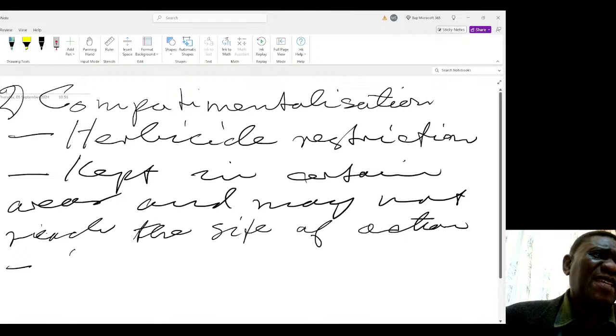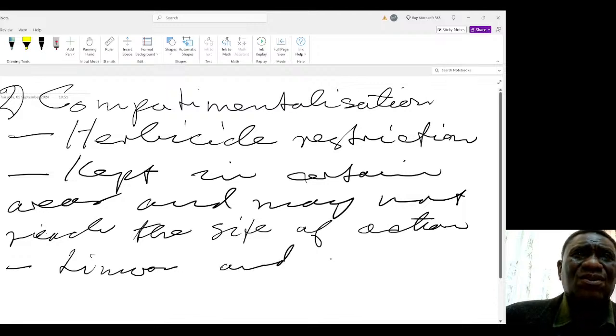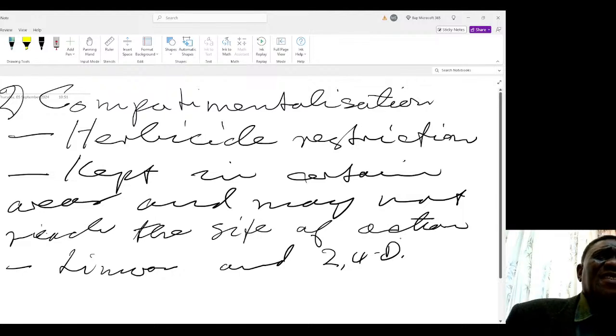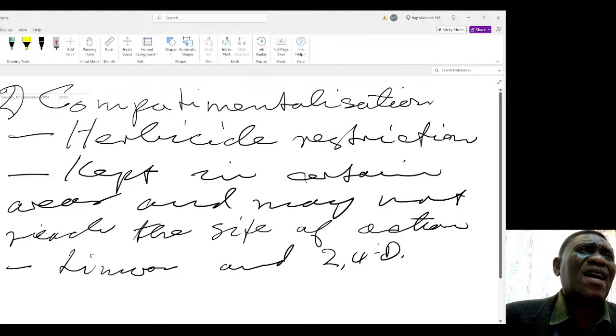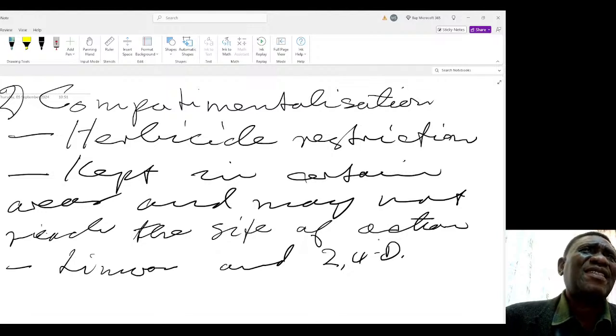Again, probably linuron in carrots could be the example, and also 2,4-D. Because there's a restriction in terms of movement, these herbicides may not reach the site of action.